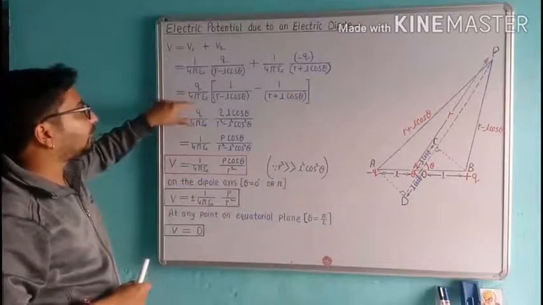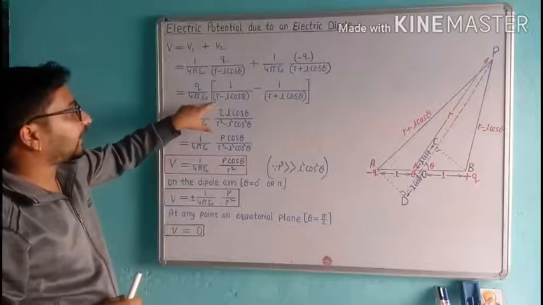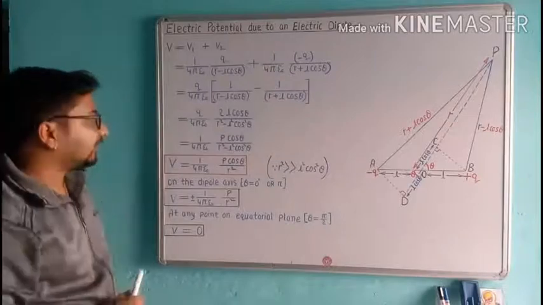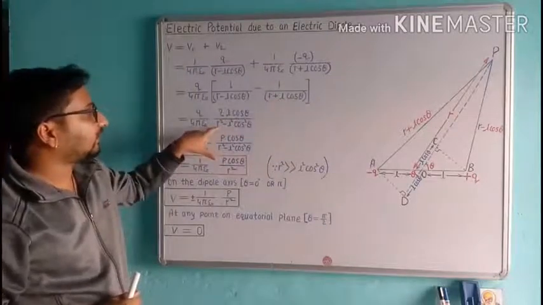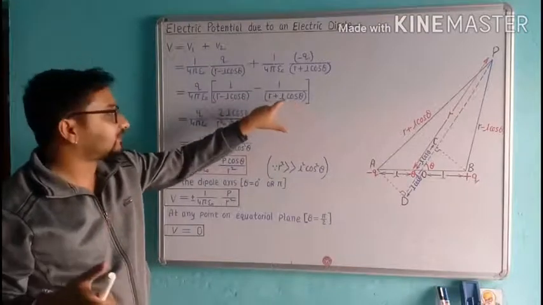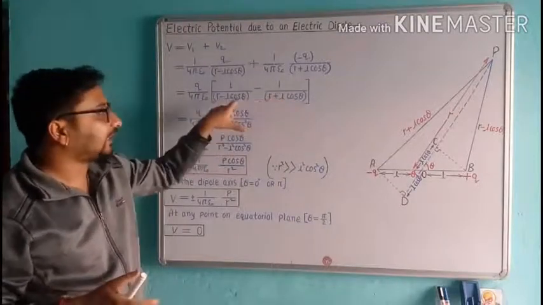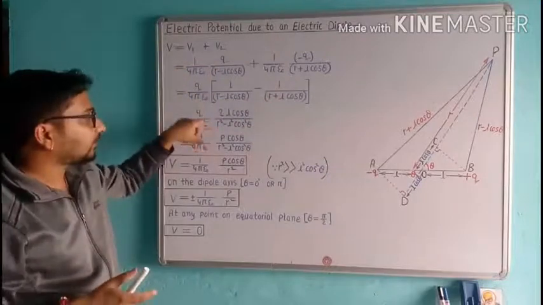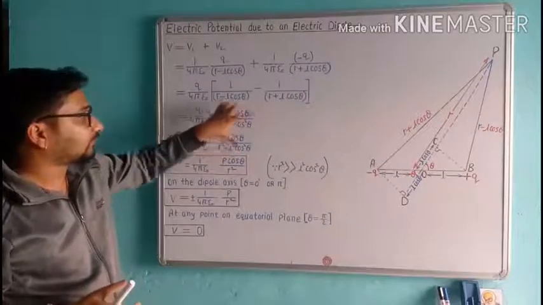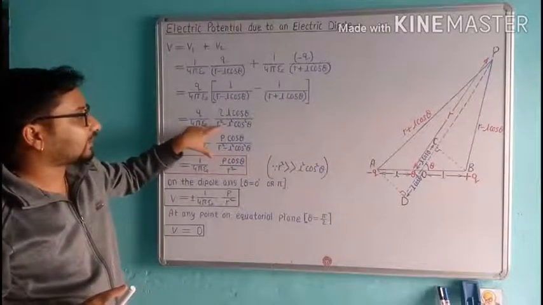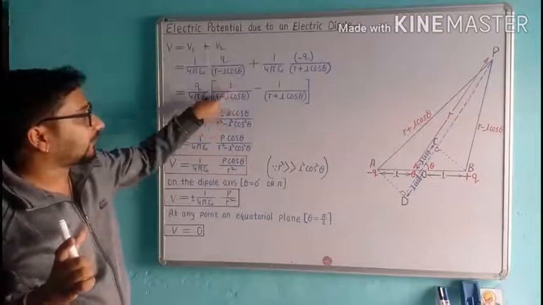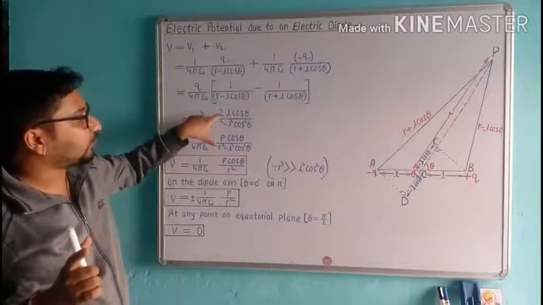Take q upon 4 pi epsilon naught common, we get in the bracket 1 upon r minus L cos theta minus 1 upon r plus L cos theta. This is like a minus b and a plus b, so we get a square minus b square by LCM, that is r square minus L square cos square theta. By solving the numerator we get 2L cos theta.